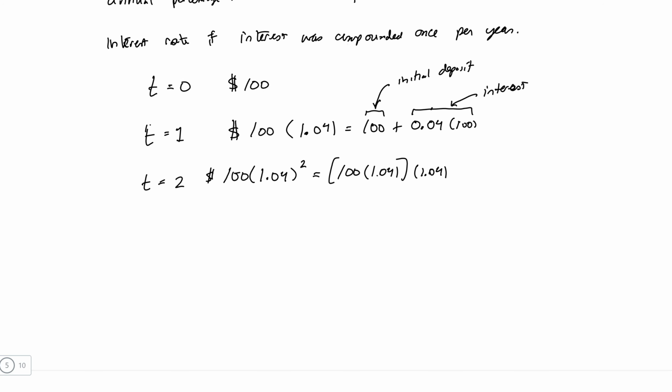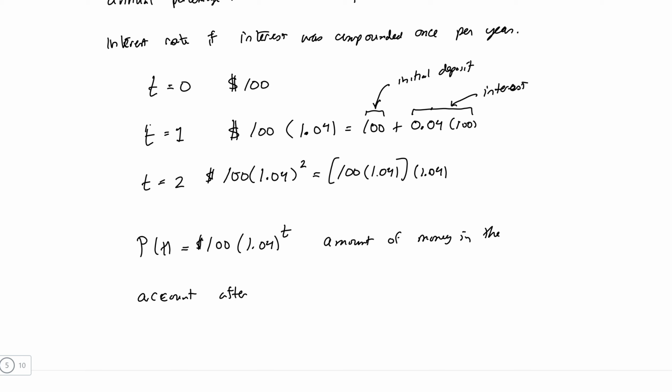So we can see if we keep going in this pattern, after t years, we'll have $100 times 1.04 to the t. And so this is the amount of money in the account after t years.